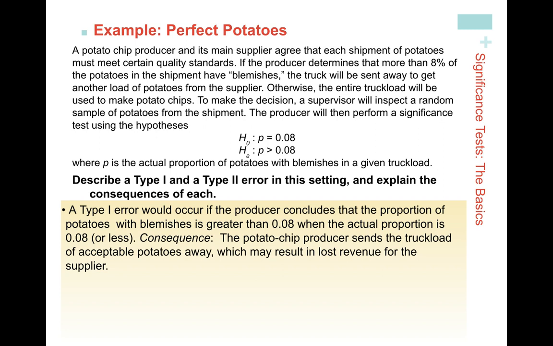Now there could be a delay in the manufacturing process because now you have to wait for a different supplier to come and deliver an entire truckload shipment of potatoes. And who knows if that truckload of potatoes is going to meet the standard or not. So there could be potentially lost sales, lost revenue. And now there's going to be empty distributor shelves where there are no potato chips.